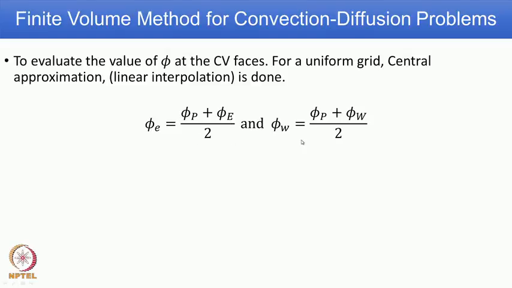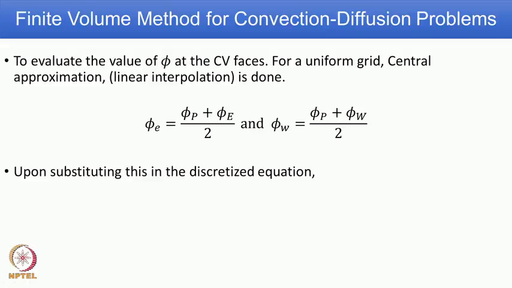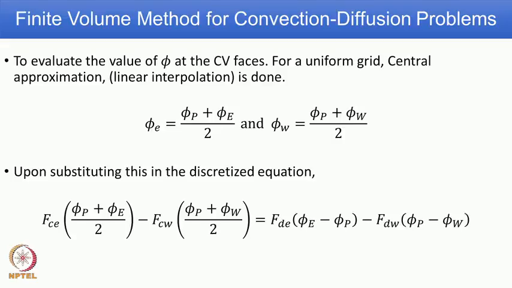Similarly, for the other quantity phi that is required at the west face, it is related to the phi variable available at nodes P and W. Upon substituting this replacement in the discretized equation, we get finally this equation as shown here.